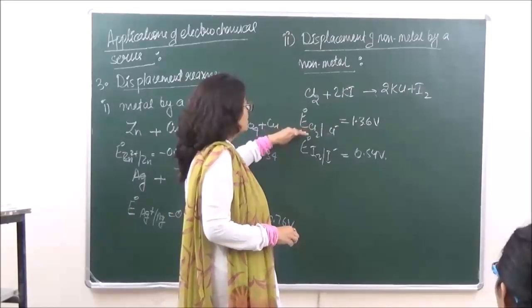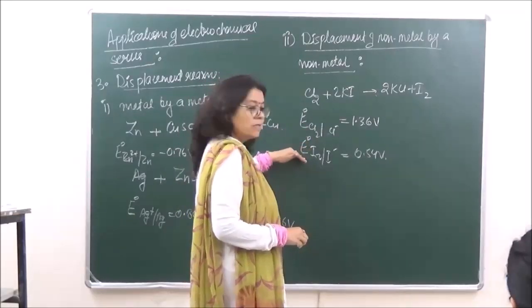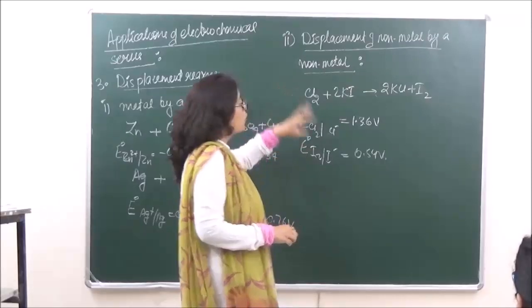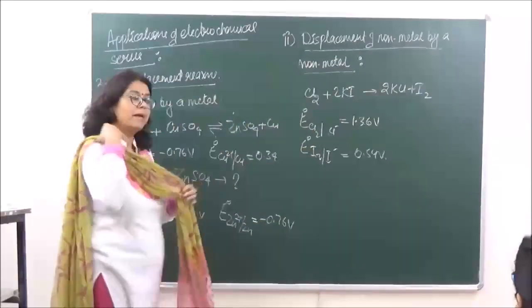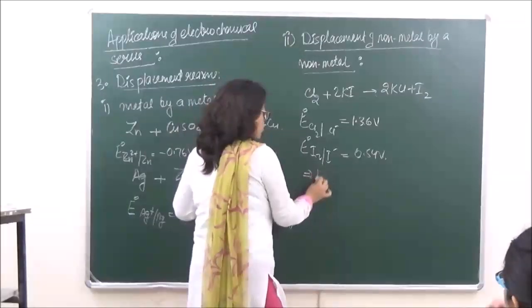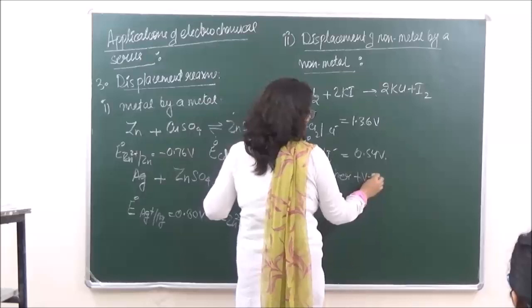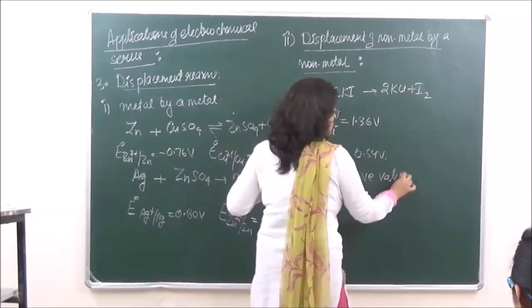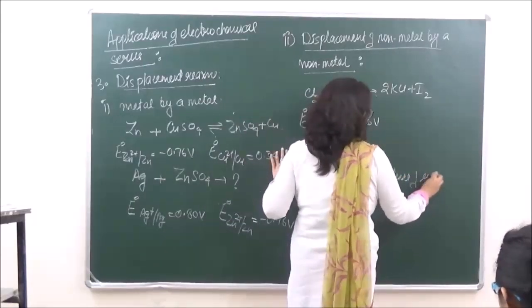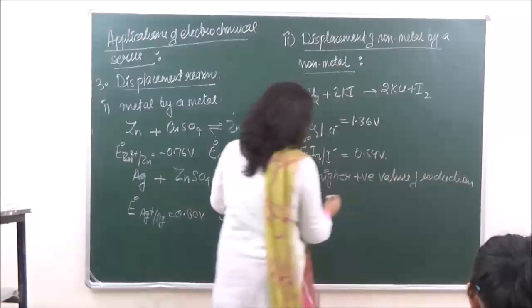And over here, the higher value is that for chlorine and the lower value is that for iodine. So when a non-metal is displacing a non-metal, only those non-metals will be able to displace which have higher positive values of reduction potentials.